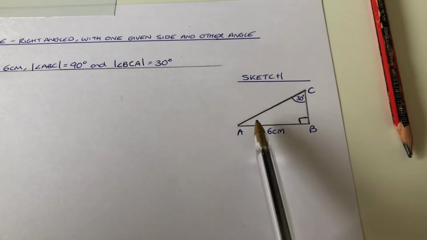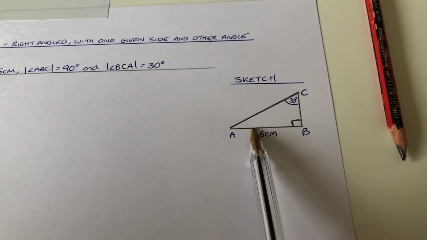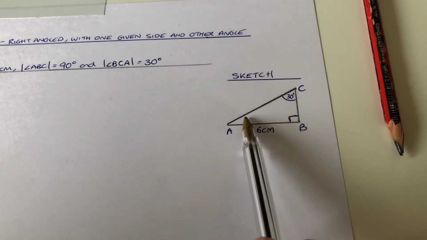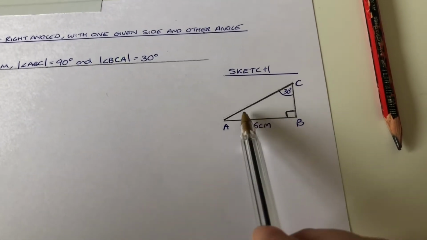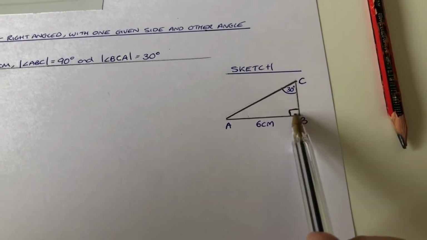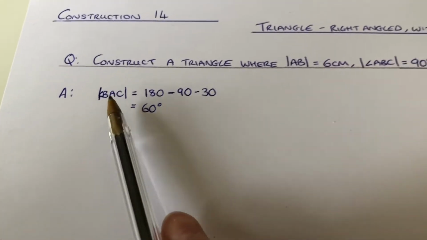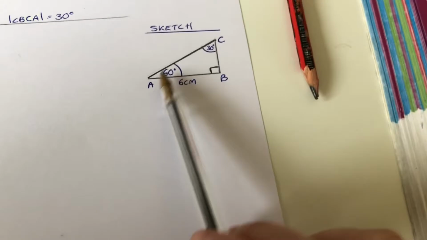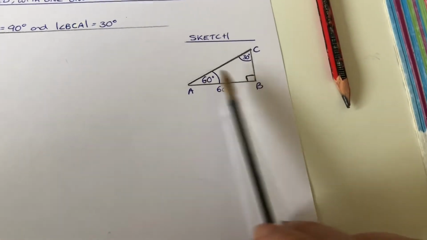So the first part of my answer then is going to be calculating what this missing angle is, because in order for us to accurately construct this triangle, we need the 2 angles at the end of both of this side length. So I've calculated my angle BAC, my missing angle, so that I have both of these 2 angle measurements.